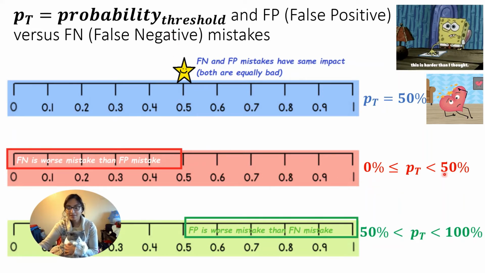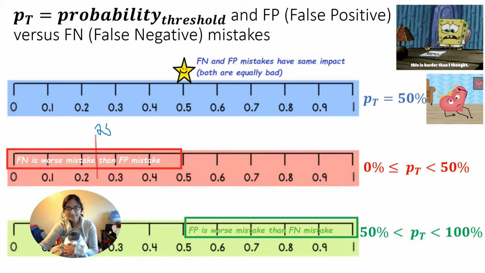But if your probability threshold is less than 50%, so anywhere in this region, a false negative is a worse mistake than a false positive. And if instead your probability threshold is greater than 50%, then you believe that false positives are a worse mistake than false negatives.